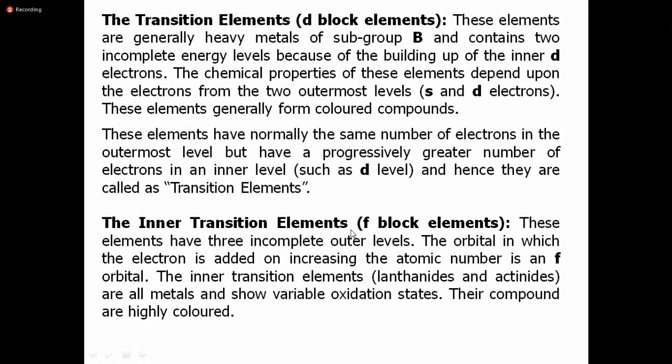Last one is inner transition elements, f block elements. As you already told, when the last electron is placed in the f orbital, that will be called an f block element. And it is also a metal, and it has multiple properties, and these are also called the inner transition elements.